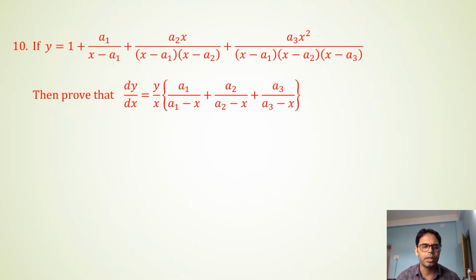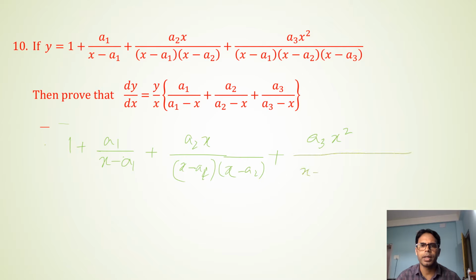The term is 1 plus a1 by x minus a1, then plus a2x divided by x minus a1, x minus a2, then plus a3 x square divided by x minus a1, x minus a2 and x minus a3.